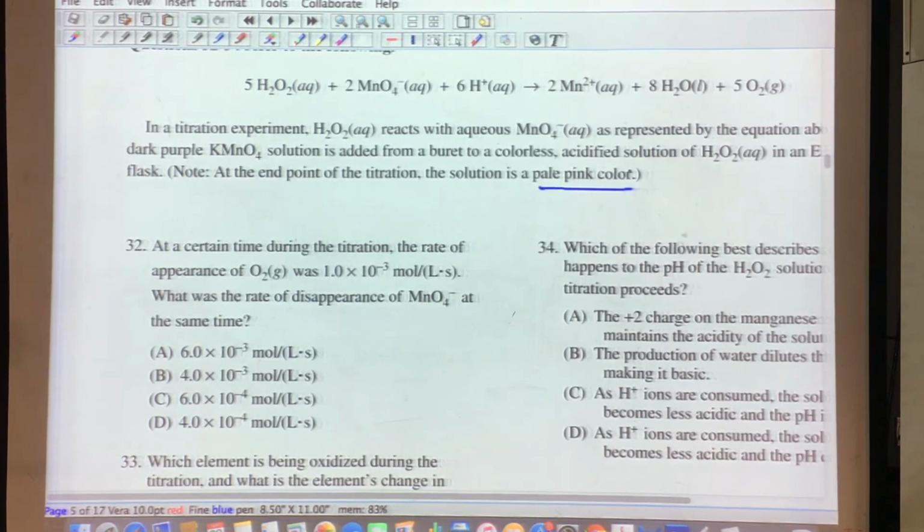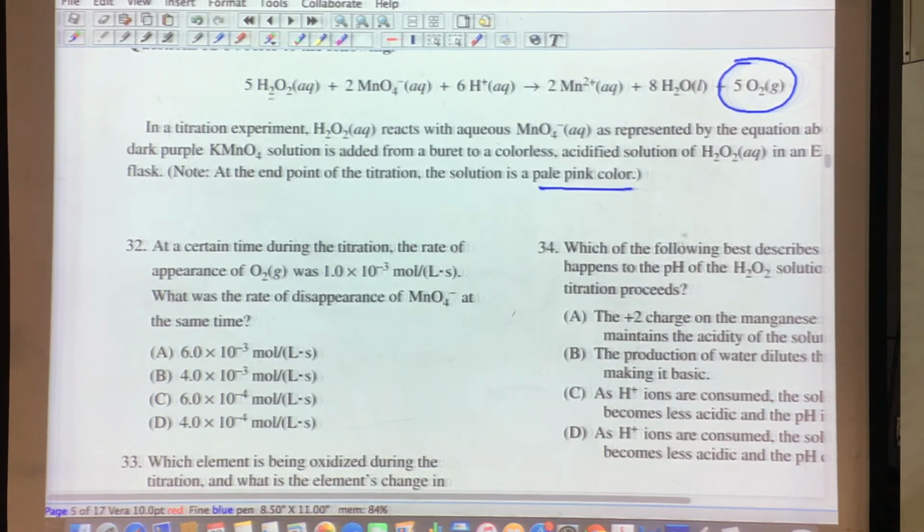Now, great little question here. At a certain time during the titration, the rate of appearance of O2. Remember, the rate of reaction is equal to either the appearance of the products or the disappearance of the reactants. They could be both related, and that relationship is very important because this pops up all the time.